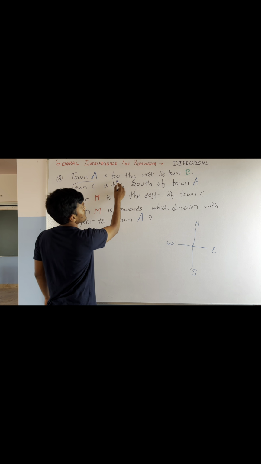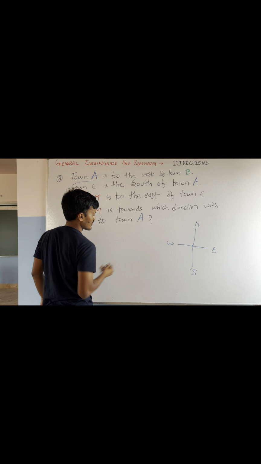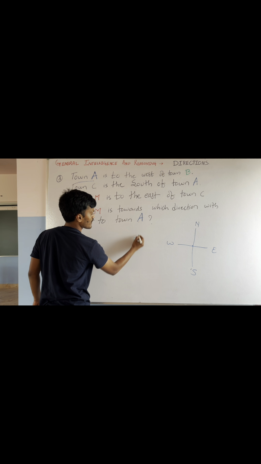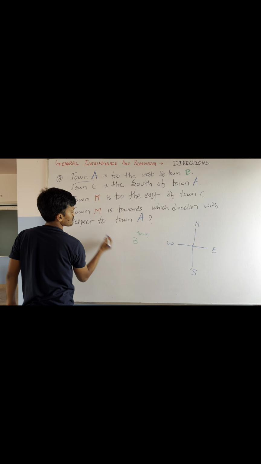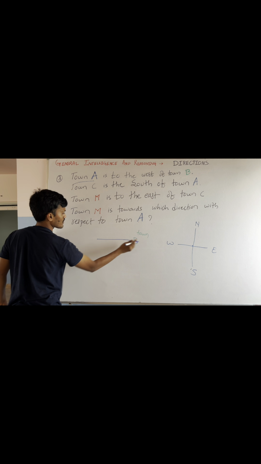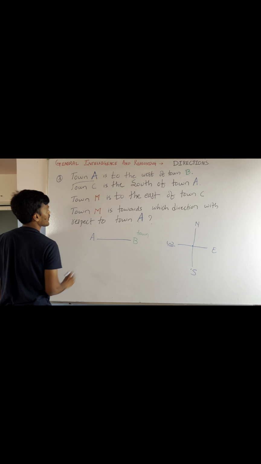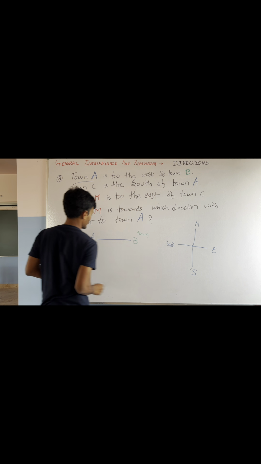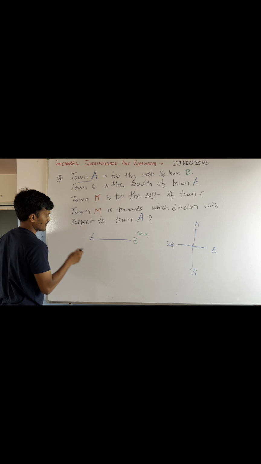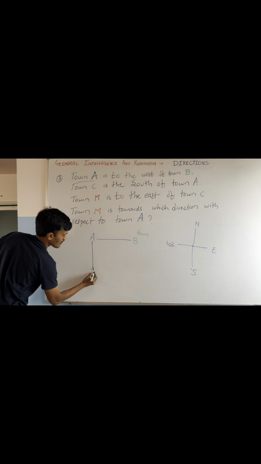So town A is to the west of town B. Consider this one is town B, and to the west is called the west direction. It is called A. And town C is south of town A. South of town A, south is the downward direction. That is called C.